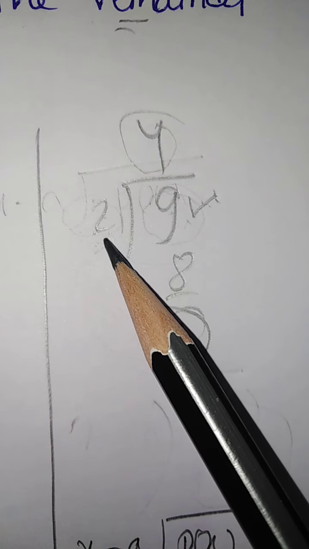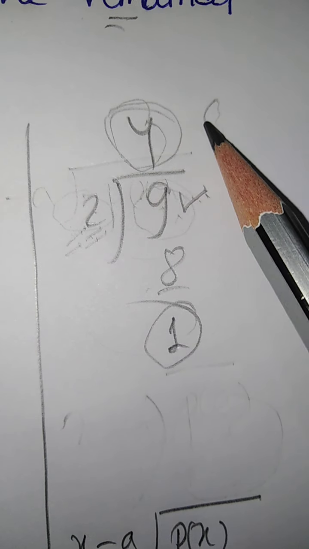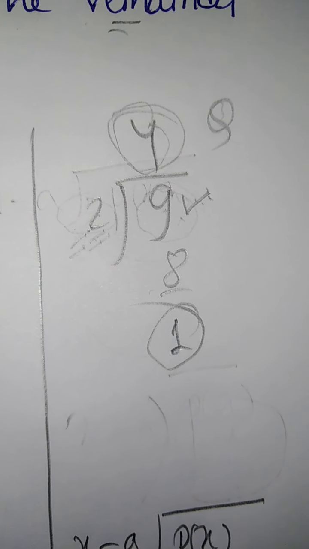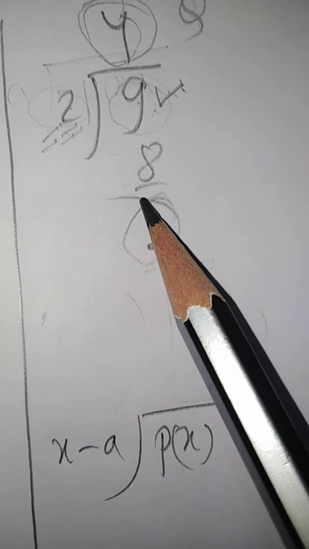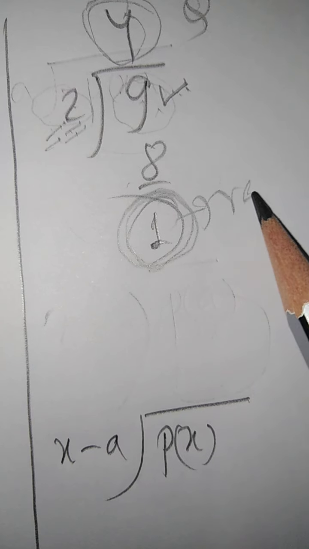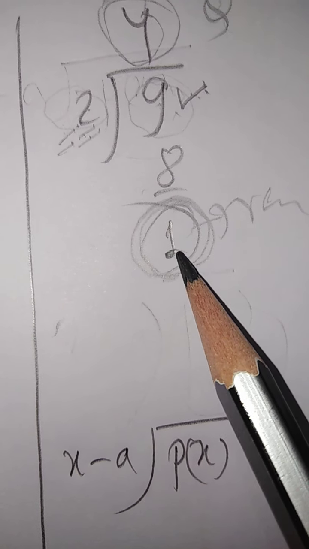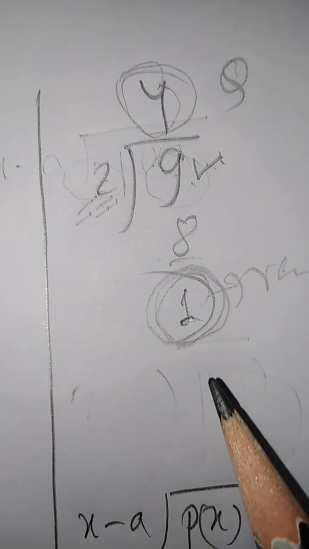So this is called the divisor. The answer which we got here is known as the quotient. Whatever is left at the end of the division is known as the remainder. It's not that you will always have 1 in the remainder. You may have 0, you may have any number. So this is called the remainder.